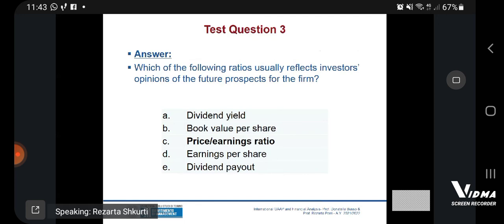The other ratios, dividend yield, book value per share, are mainly based on the accounting values or the financial statement items. And they are not reflecting anything about the market prospects or the market expectations. So the only ratio that tells something about this, even though it is not perfect, it has its own pitfalls and it's faulty sometimes, we explained that, even though it sometimes has disadvantages, it's the only ratio that says something about the prospects of the firm in the market.